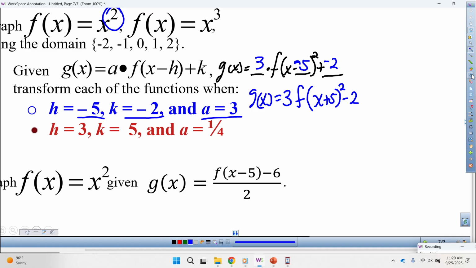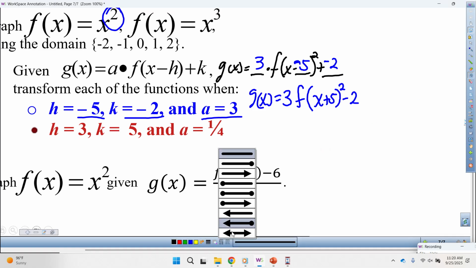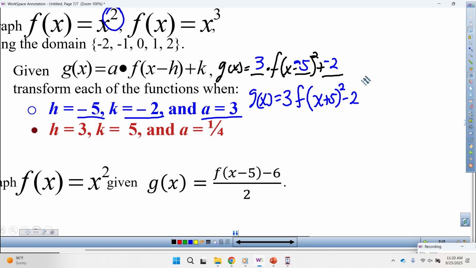All right. So let me make a little coordinate plane here on the fly, because I got it like that. Here it goes. So I'm going to graph first f of x equals x squared.